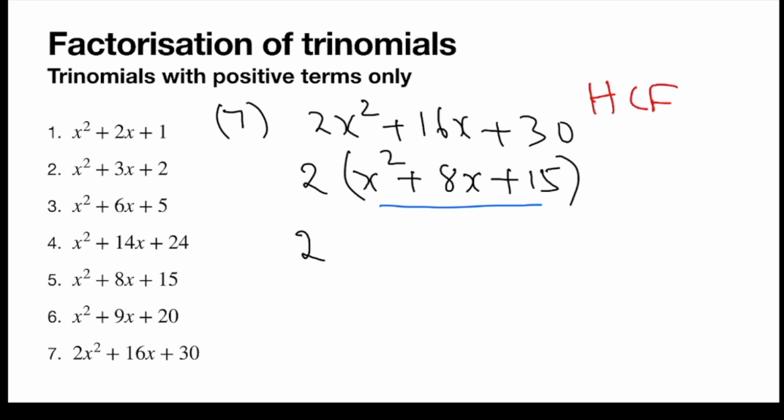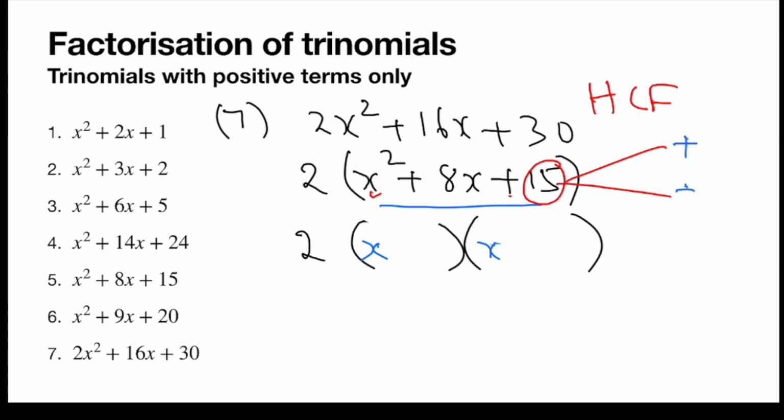So our 2 out there, then we draw our 2 sets of brackets. Right, so we are going to start with x squared. X squared means x times x. So you put x here and you put another x there. Correct? Then next you go to that number 15 there. We need two numbers that will multiply each other to get 15. But remember that 15 is positive, which means the two numbers should either be both positive or both negative. But I know this one should be positive.